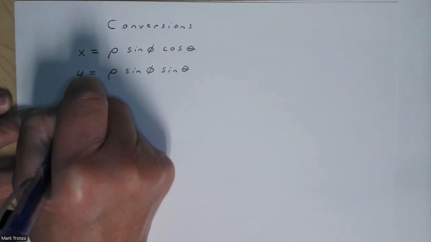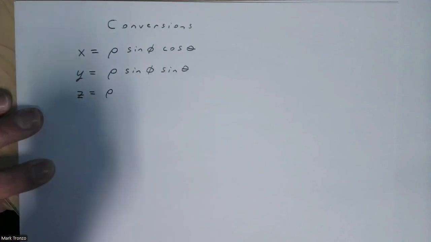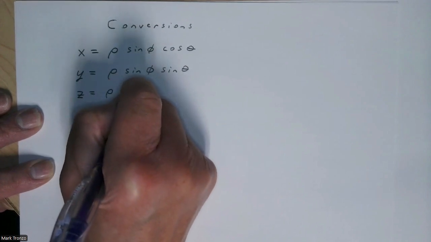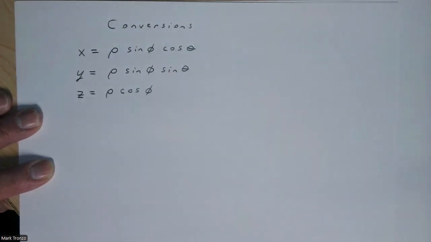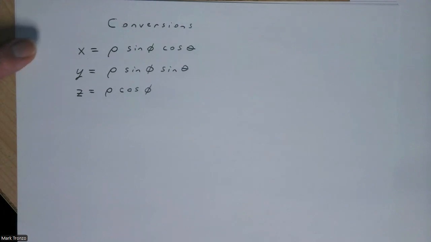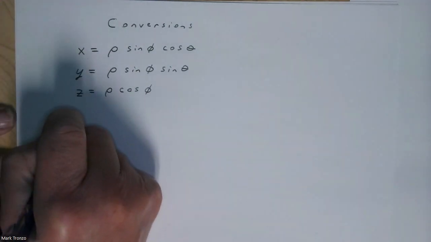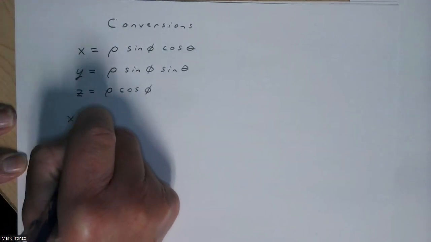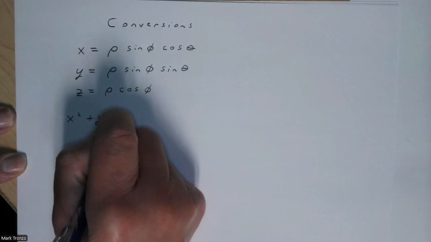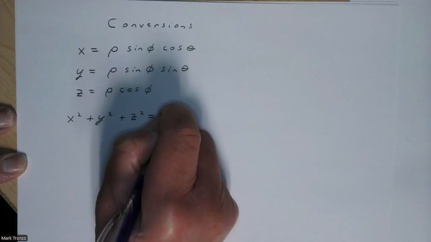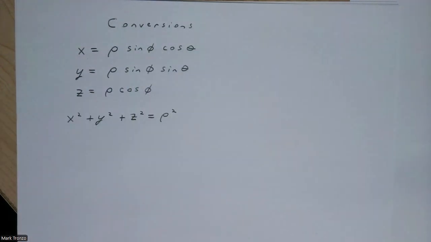And z is going to be rho cos phi. And if you take x squared plus y squared plus z squared and reduce it using the trig identities, you would end up getting rho squared.